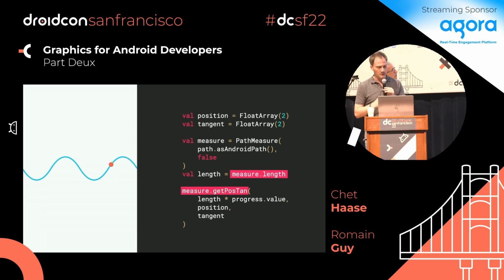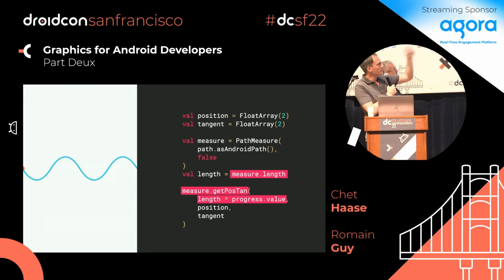And then you can call this beautifully named getPosTan function, which really means get position and tangent. You give it a progress along the path, so it has to be a value between 0 and the total length of the path. In this case, you don't see it on screen, but I had a slider that changes the progress value. Using that slider, I can go from 0 to the total length of the path to get the position on the path.